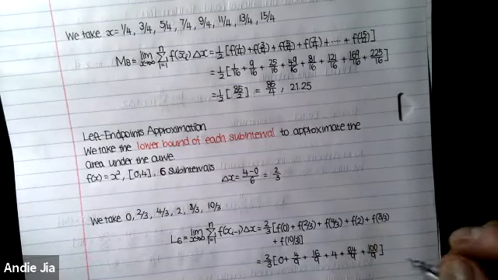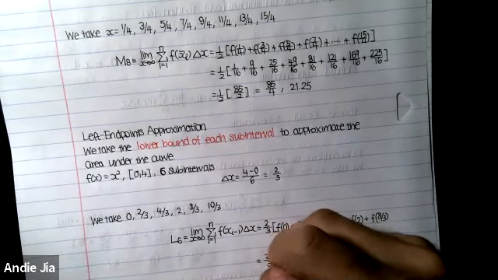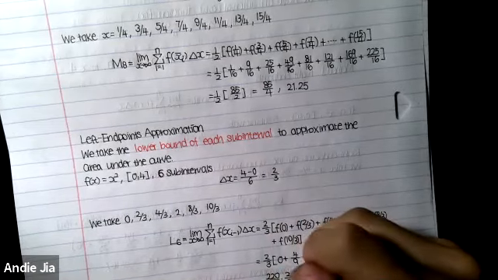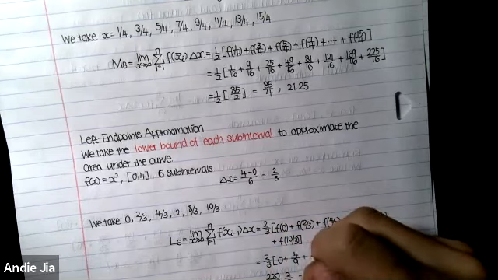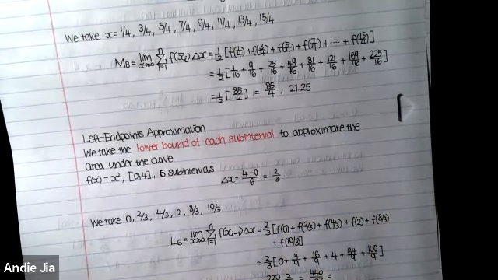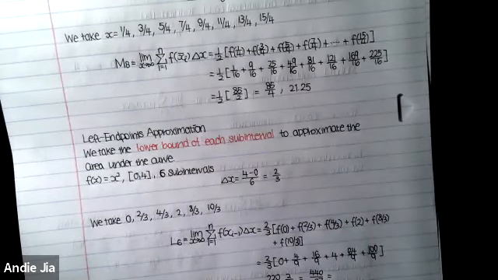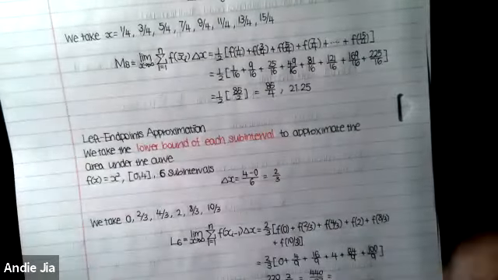That's 220 over 9, so 440 over 27, which is about 16.29.